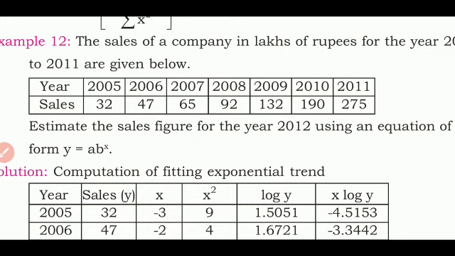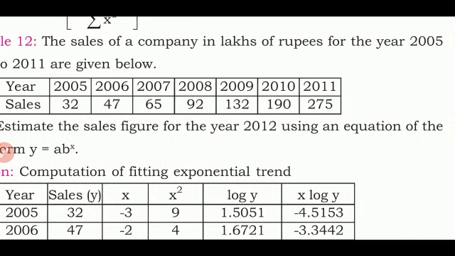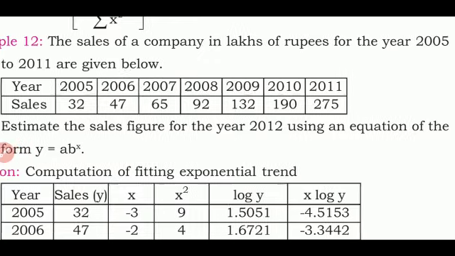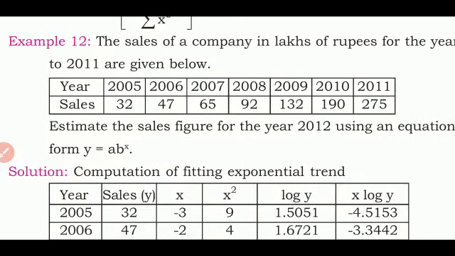Year starts from 2005, 2006, 2007, 2008, 2009, 2010, 2011, and sales values are 32, 47, 65, 92, 132, 190, 275. And they have told us to estimate the sales figure for the year 2012 using the equation of the form y is equal to a into b to the power of x.